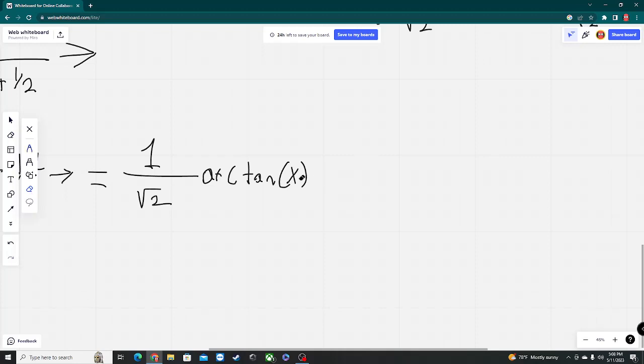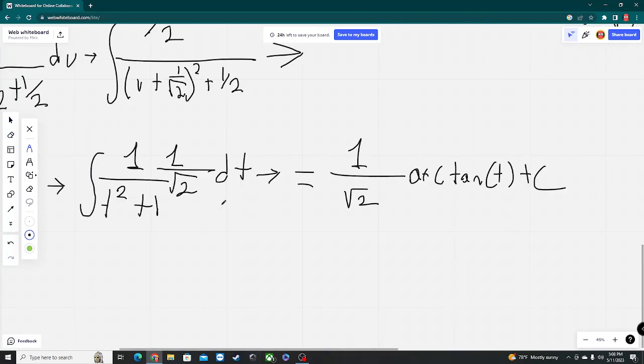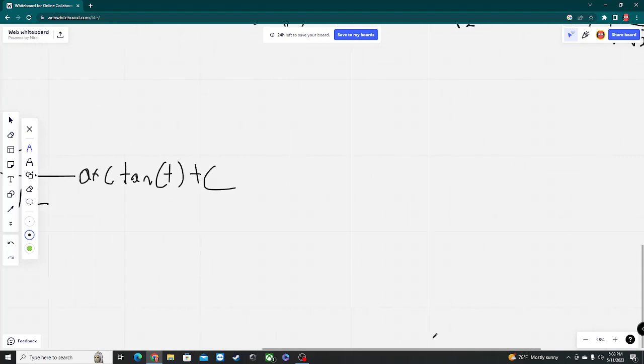Oh wait, actually we're doing it in terms of t. My bad. Arctan t plus c, because now our integration constant's alone, and we got our dt alone, so now we got plus c. Okay, that's how you know we're getting close to solving this integral. Finally got that plus c in here.